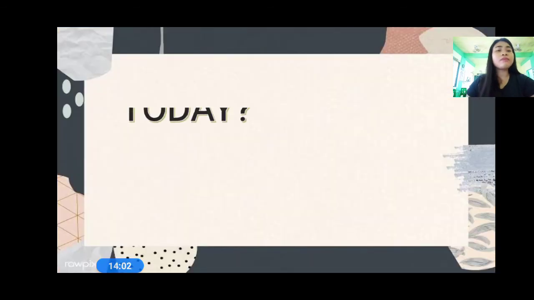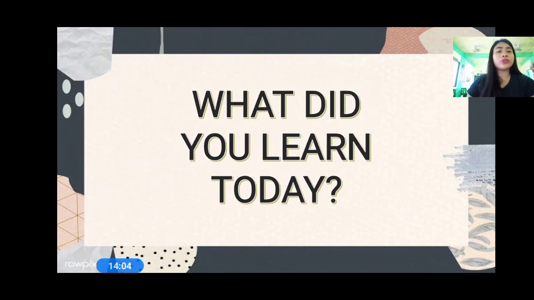Now, what did you learn today? Today we have learned about dividing decimals. Okay, so in dividing decimals, first we're going to change the divisor into a whole number by moving the decimal point to the right as many places as needed for it to become a whole number. And then we're going to do it as well to the dividend.